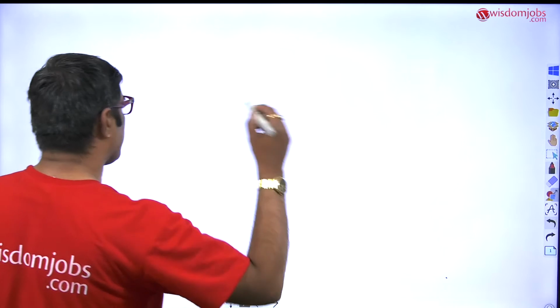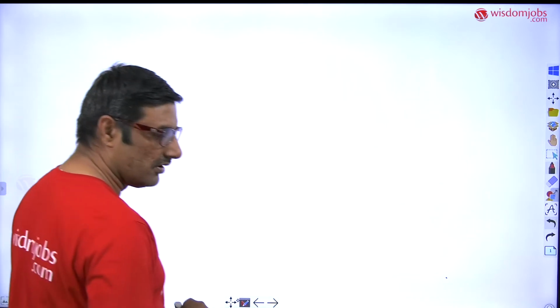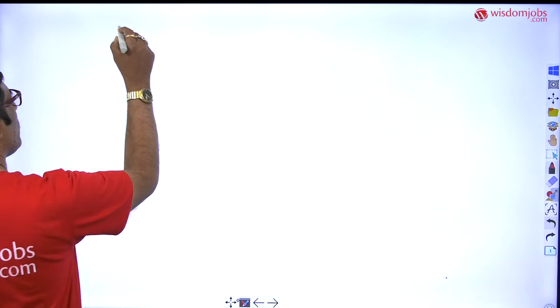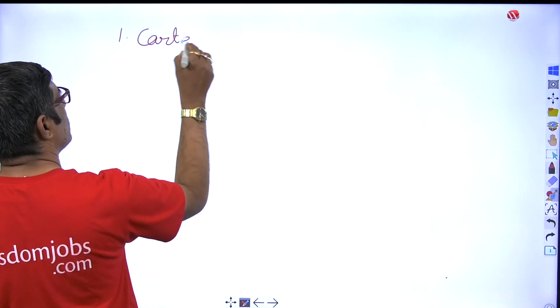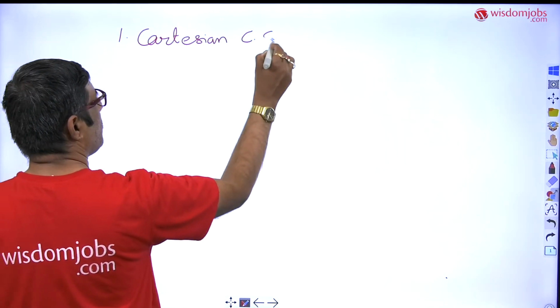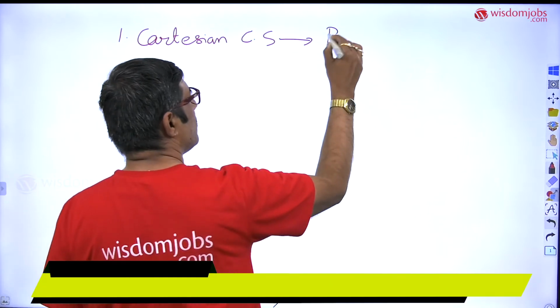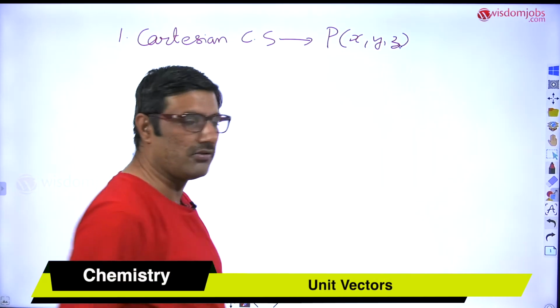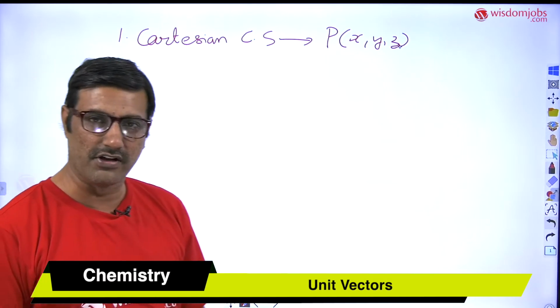Now, as I told you in the last video, we have three coordinate systems for expressing a point in three-dimensional geometry. What are they? They are basically the Cartesian coordinate system, in which any point is represented as P of x, y, z, and all these three coordinates x, y and z are distances.